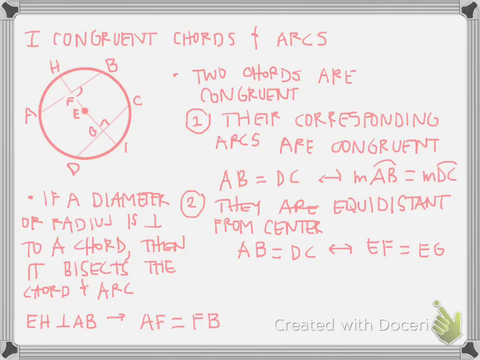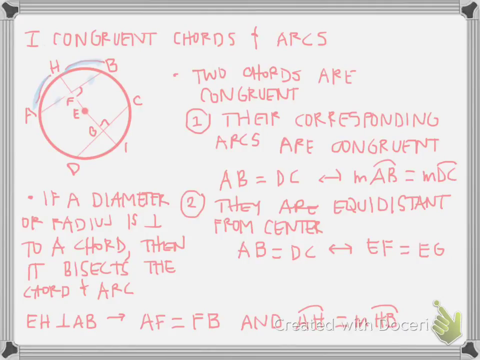And these arcs here, AH is going to be the same thing. So the measure of AH is going to be equal to the measure of HB. It's going to make these two segments congruent, and these arcs congruent.